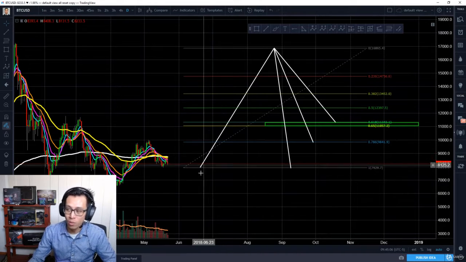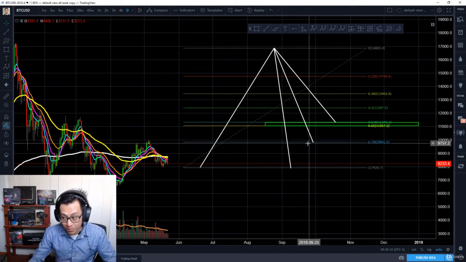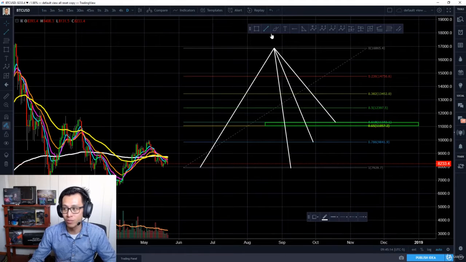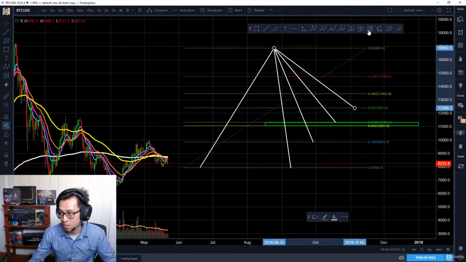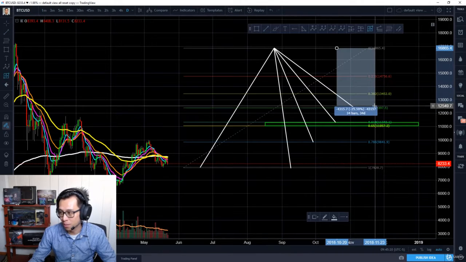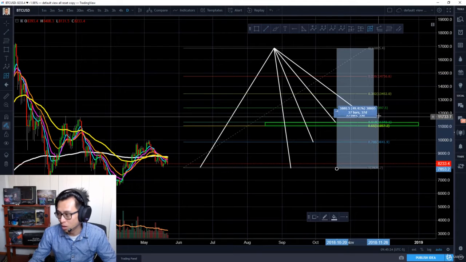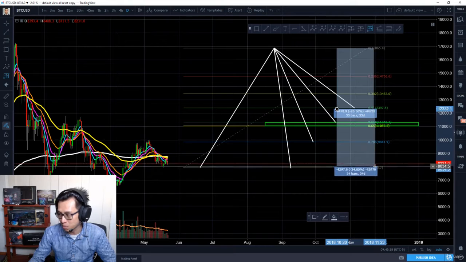Overall, it's retracing 100% there, 78.6% right there, 61.8% right there, and here's the middle mark, exactly the middle. So there's 50% up here and 50% down here as well. So both ways is 50%, right? That has to make 100% sense for you guys to understand that.